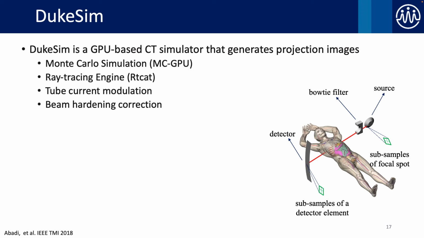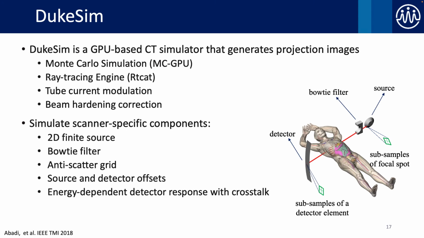We are modeling various features that are very scanner specific, which the new advanced state-of-the-art scanners are using. Just to name a few, tube current modulation, which modulates the X-ray flux as it rotates through the body. We are modeling that. We also have post-processing steps, like beam hardening correction or water correction, that we apply.